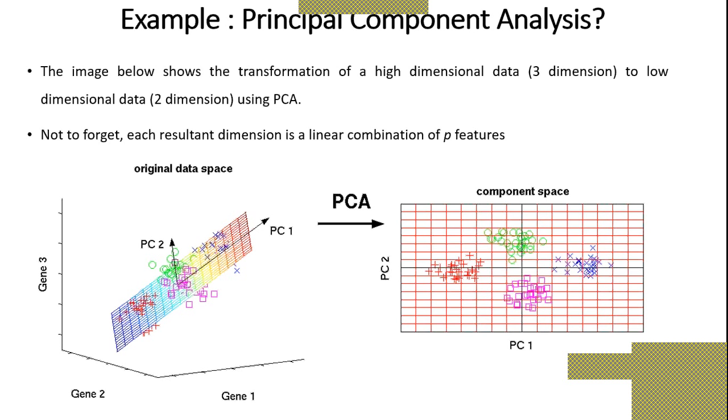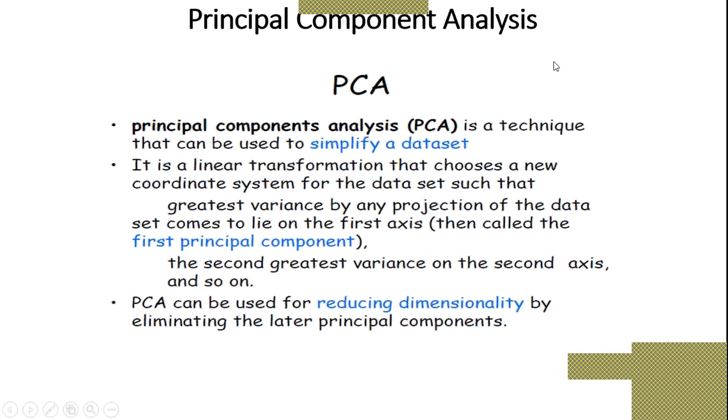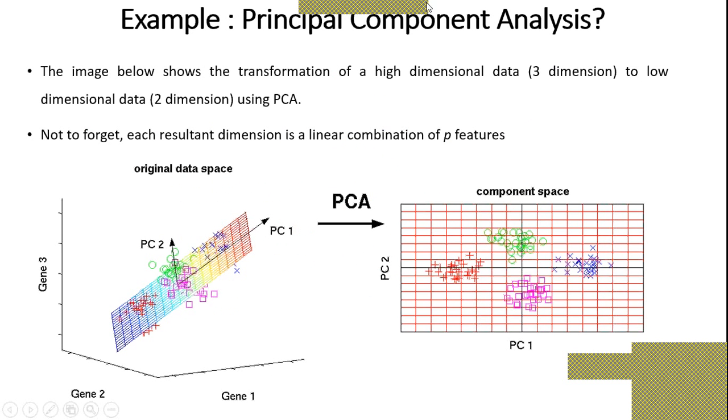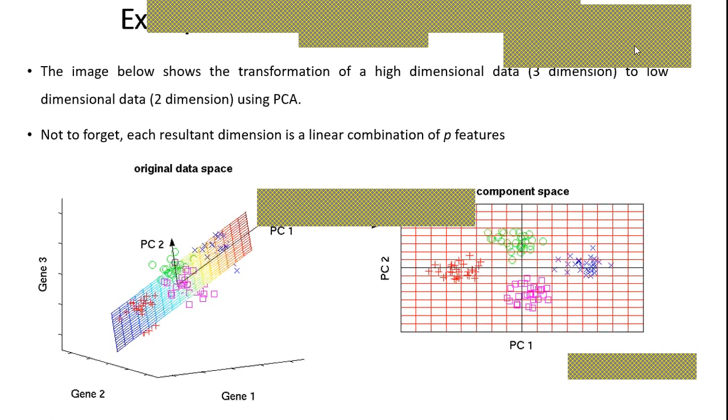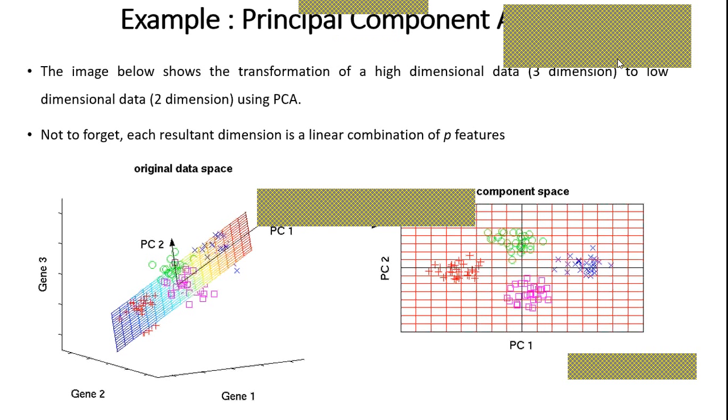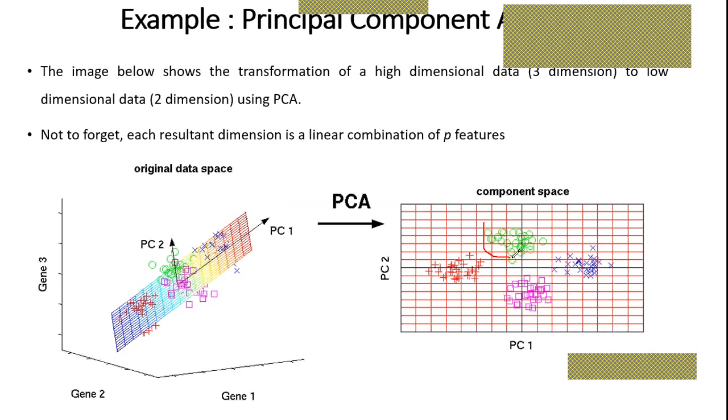So from this, you can say that this is one cluster K1, this is another cluster K2, this is another cluster K3, and this is another cluster K4.